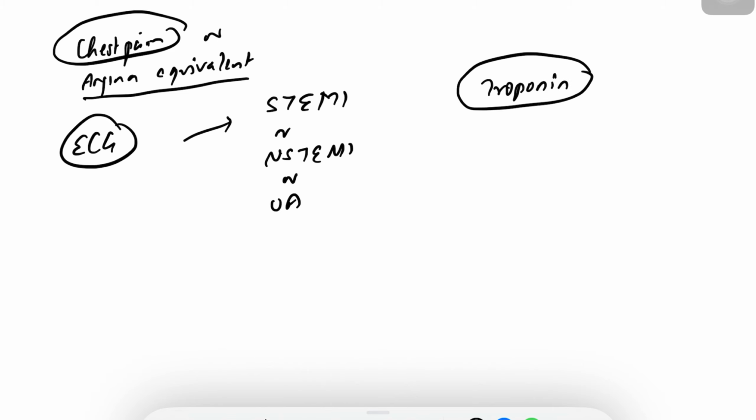Before troponin, within 10 minutes of arrival of the patient in any hospital setting, we have to do an ECG.